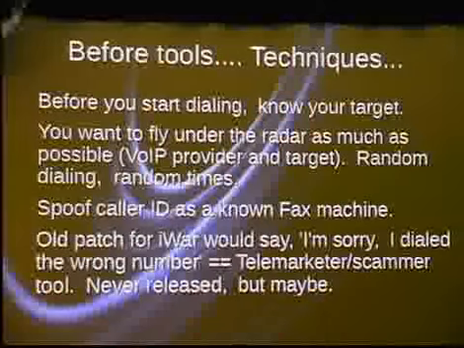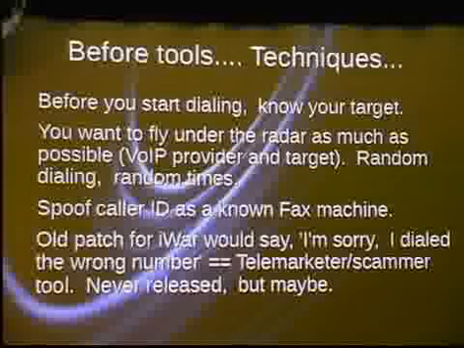Now, one thing that this talk is about is how to do this. It's one thing to pick out a block. Let's say you're doing an audit, we'll call it that, and you have a particular target that you're looking at. Before you just start throwing phone numbers at it and hoping to find something, you need to do a little bit of recon. And you can do a lot of this before you even get started.